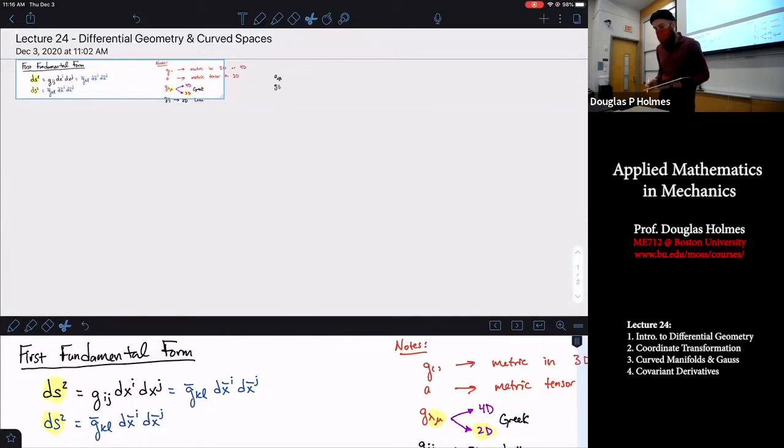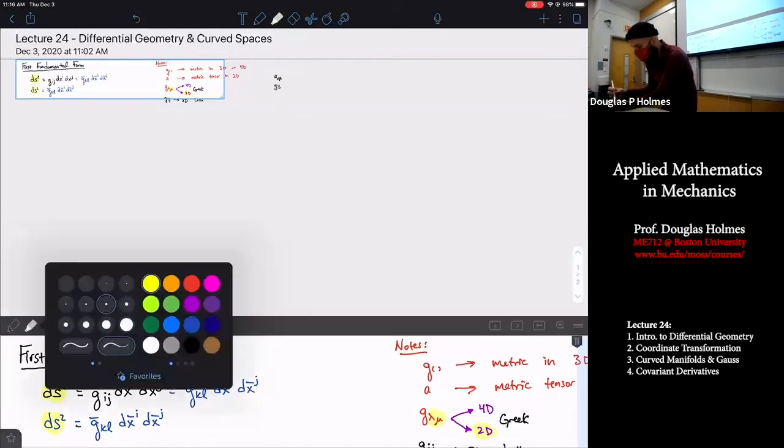And so we need to think about how to connect these two metric tensors together. And I point out that there must be some connection between these differentials.